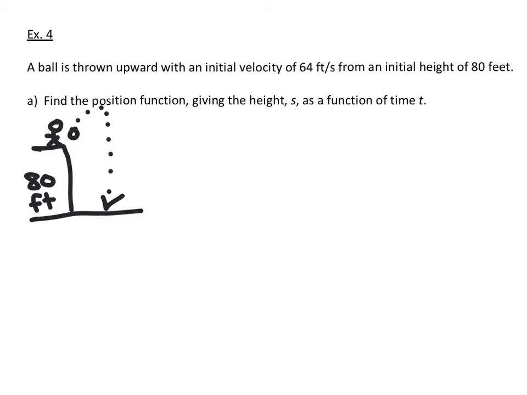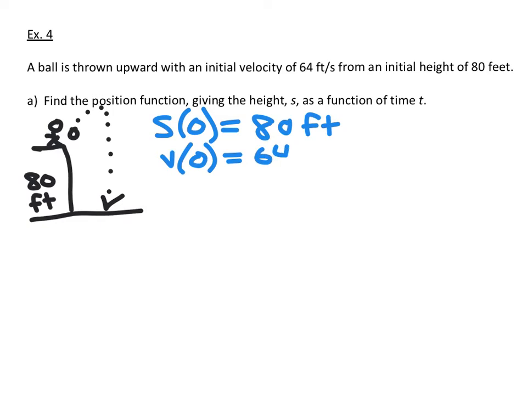Now all of this occurs at time equals 0, so if I wrote these out as points, position normally is given as s. So position at 0 seconds was 80 feet. The velocity at 0 seconds is positive 64 feet per second, and I know it's positive because the ball is going up, so velocity has to be positive.